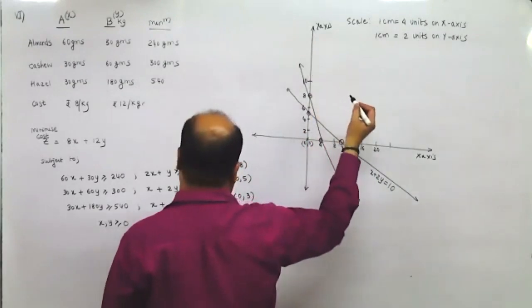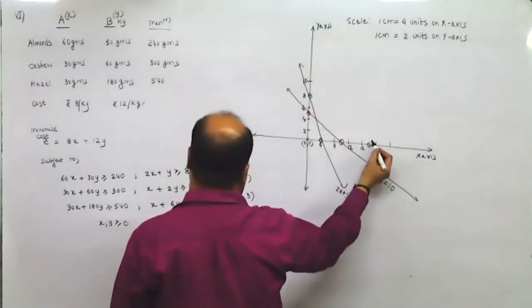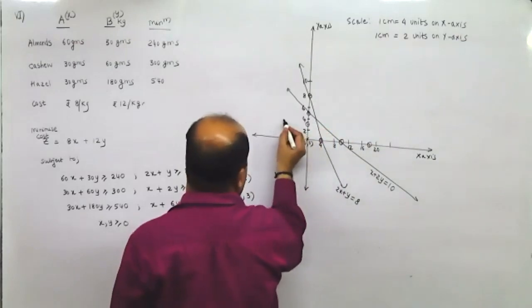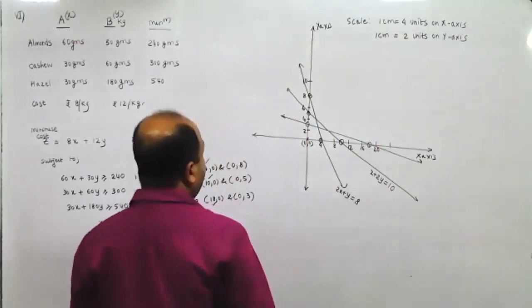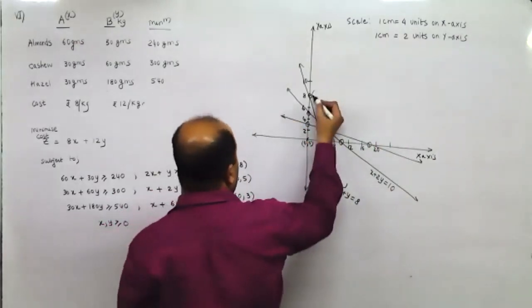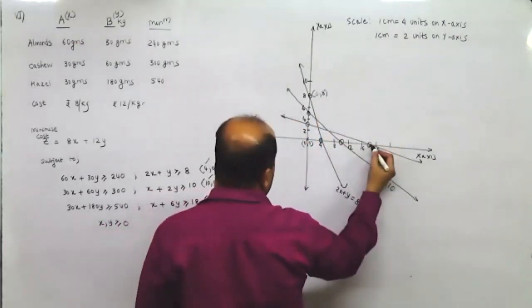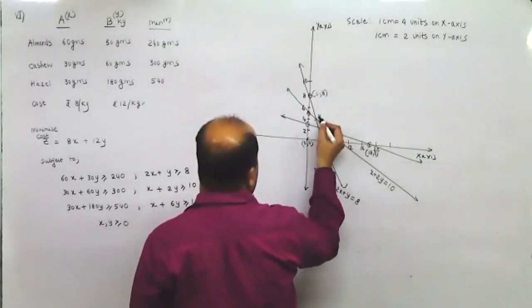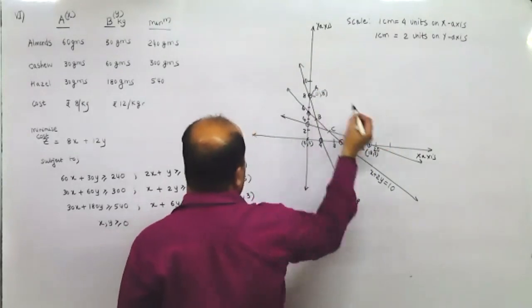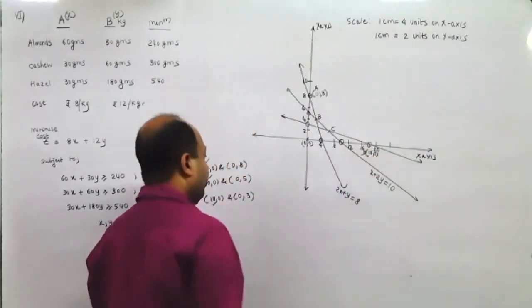So this would be 18 comma 0 and 0 comma 3. This is 0 comma 8. This is 18 comma 0. This and this. B here, C here, A here, D here.